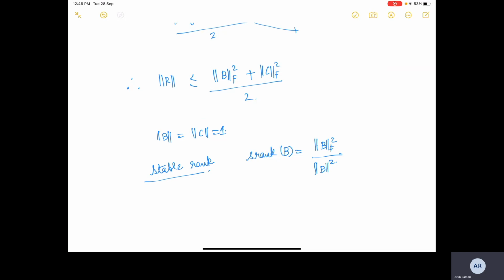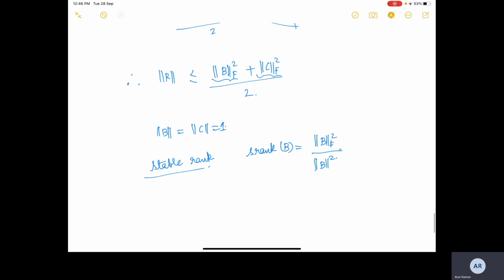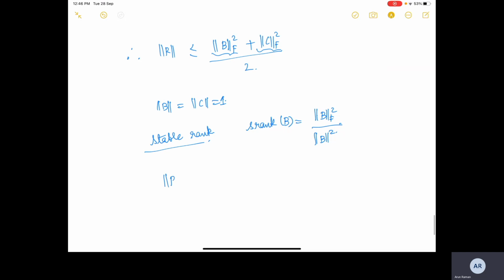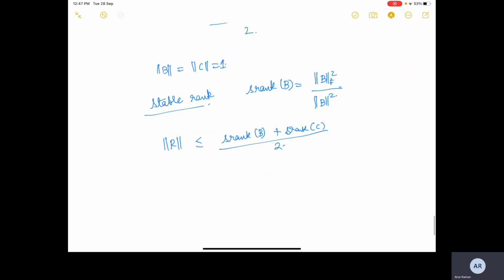But here, since we have assumed that the spectral norm is unity, this is the stable rank of B, and the Frobenius norm squared of C is the stable rank of C. So we get the stable rank of B plus the stable rank of C, divided by 2. We name this quantity the average stable rank.